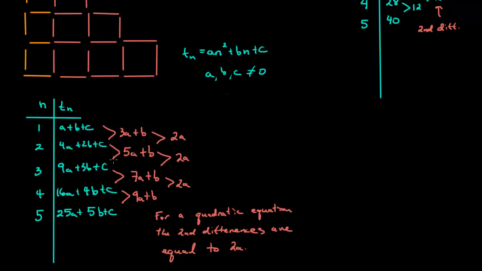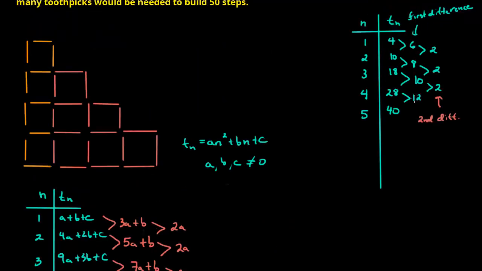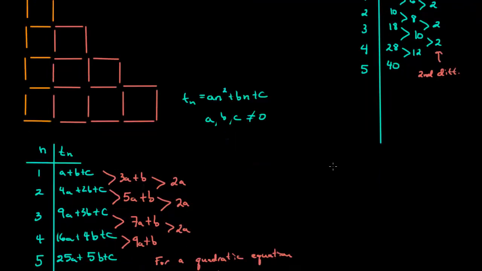So what we can say is that in this pattern that we have above, we know that our explicit formula for the nth term is going to have a quadratic dependence on n, and we know that 2 times this a coefficient is going to be 2. So we have that. Let me write this in a different color.